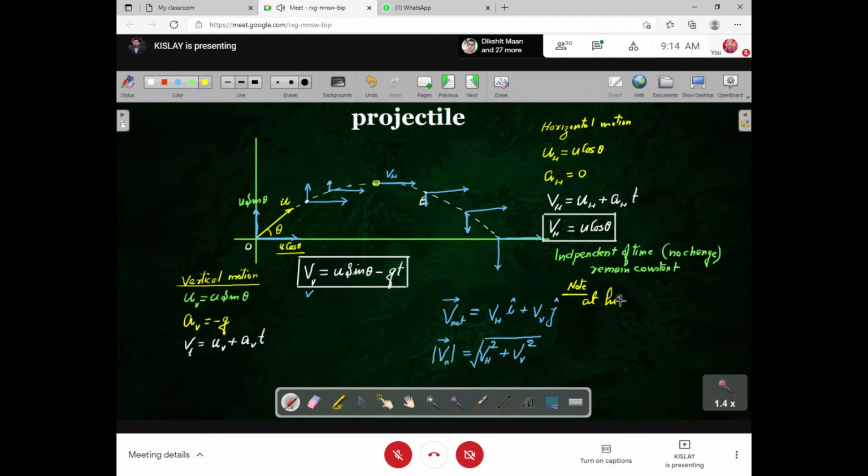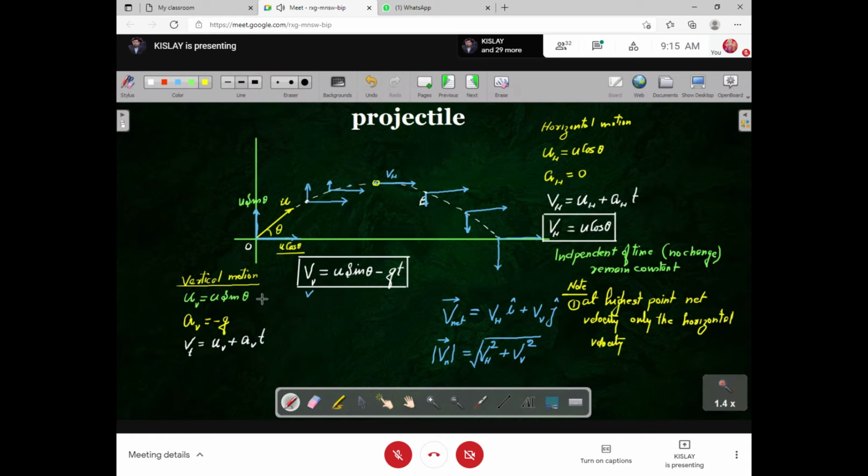At the highest point, the net velocity is only the horizontal velocity. It is the first point.